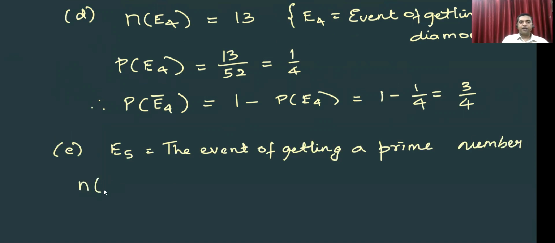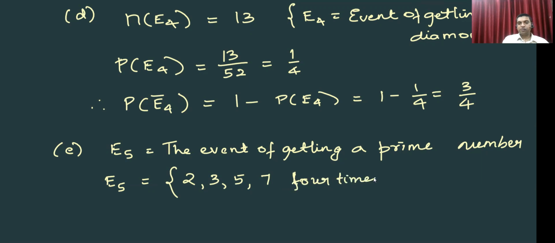E5 will have 2, 3, 5, and 7, times 4 suits.